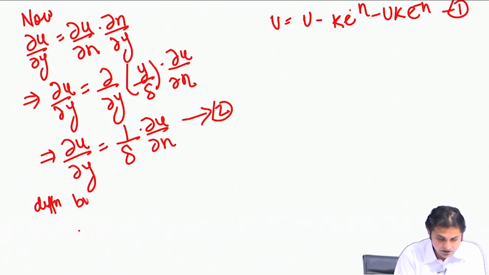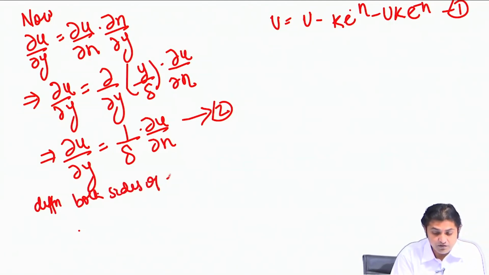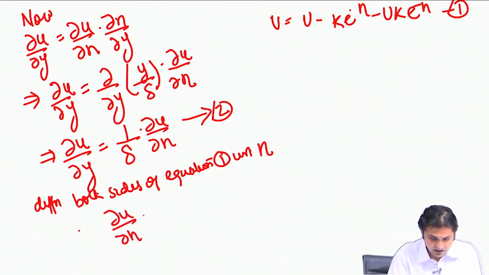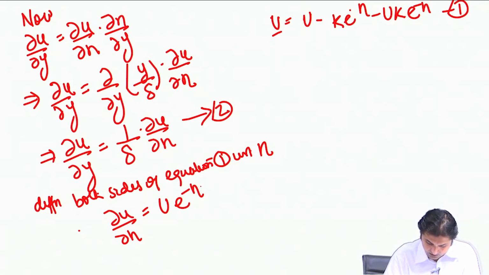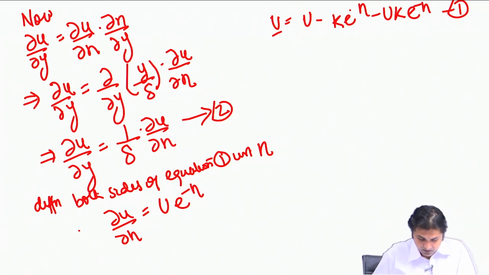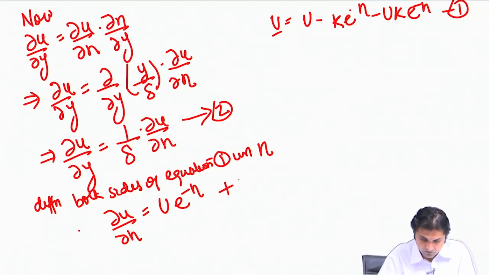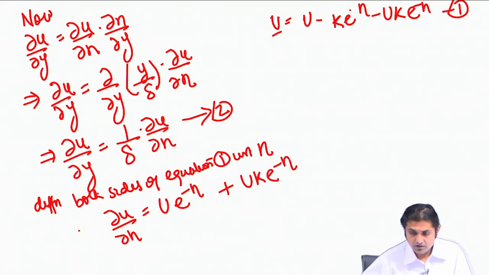So, differentiating both sides of equation 1 with respect to eta, we get del u by del eta is equal to U e to the power minus eta plus U k e to the power minus eta. That is equation number 3.